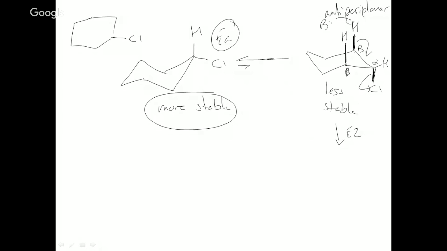So we're only going to look at cyclohexanes for these cyclic systems, okay, in terms of these really specific anti-periplanar cases. But let's look at a disubstituted now. Okay, we're going to look at, always draw both chairs. If you're trying to figure something out, we've got a cis, and so we're going to draw two chairs.